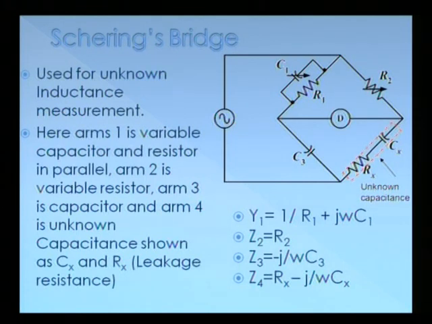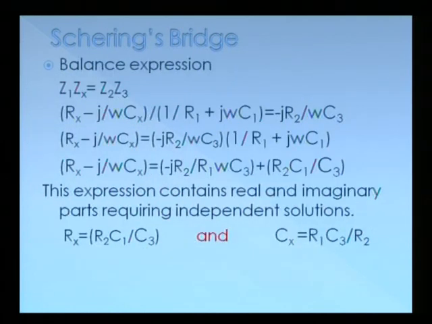Now here the unknown capacitance is represented as two parts, Cx and Rx, where Cx is the capacitive reactance and Rx is representing its leakage resistance. The admittance of the first arm is 1 upon R1 plus j omega C1, the impedance of arm 2 is R2, impedance of arm 3 is minus j upon omega C3, impedance of arm 4 is Rx minus j upon omega Cx.